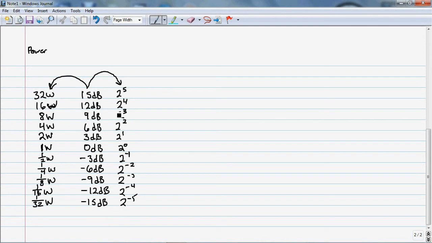It's a nice little conversion, because if I know for every 3 dB I have a difference of 1 in my exponent for the powers of 2, then I can quickly calculate different ratios depending on what somebody tells me. If I know that it's 6 dB, I take 6 divided by 3, which is 2. I know my exponent is 2. So it would be 2 to the 2nd, a change of 4 times.